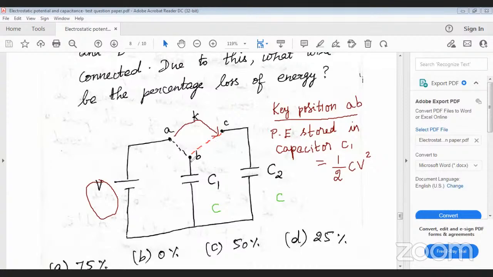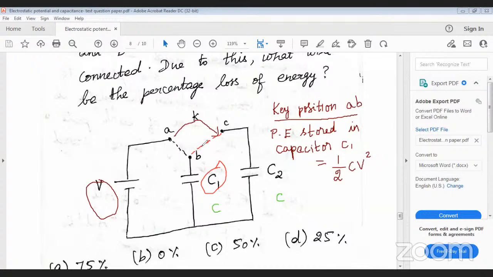Now what happens? You need to understand it carefully, because here the capacitor C1 is charged initially, and when you change the key to this point, the charges already stored in capacitor C1 are now redistributed among C1 and C2. You already have charges stored on this capacitor.